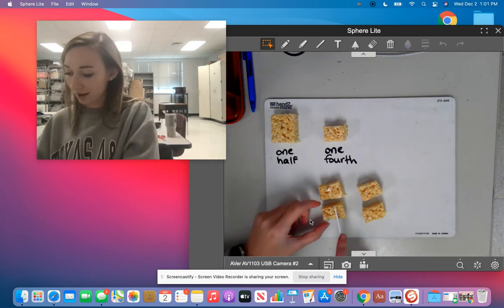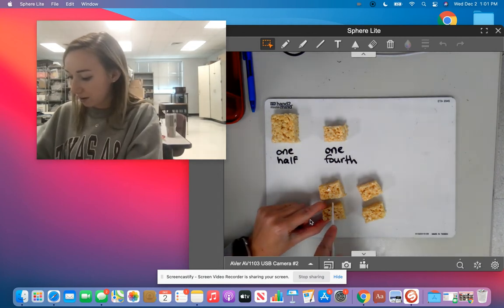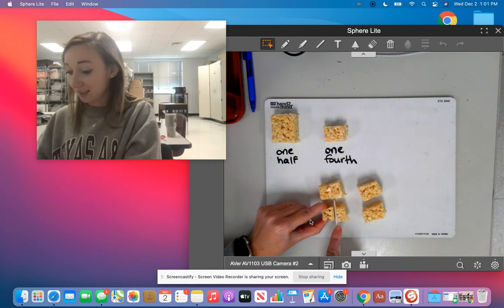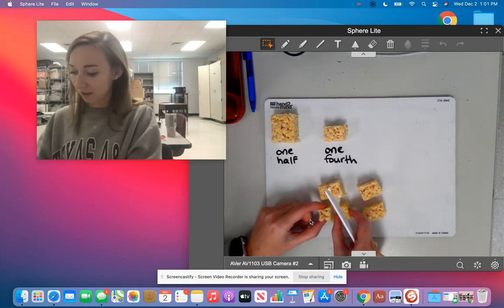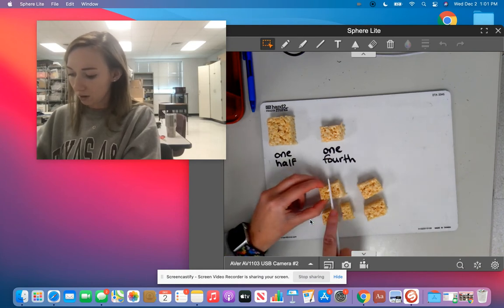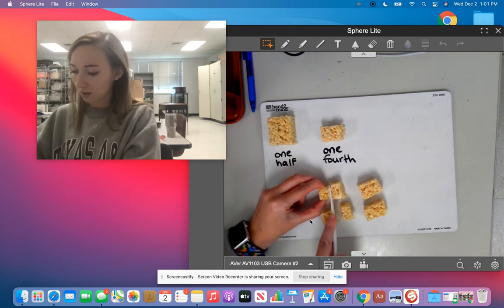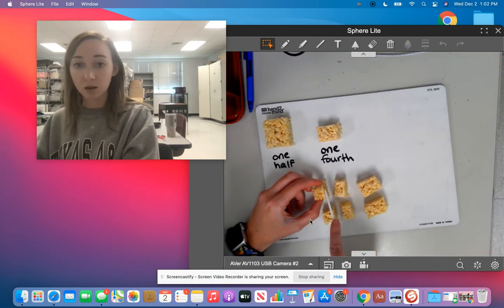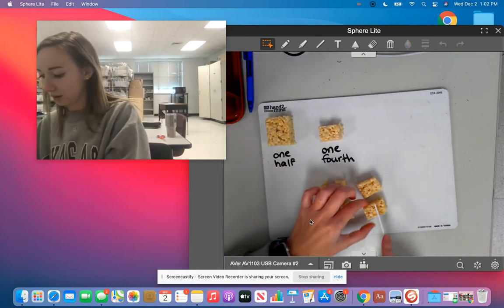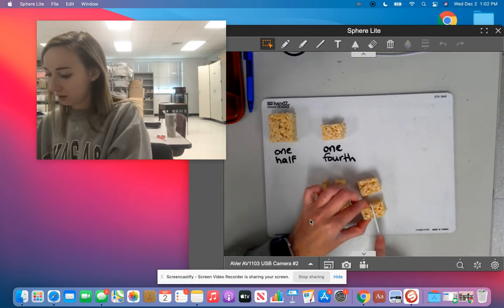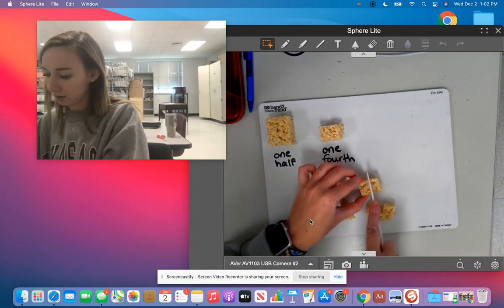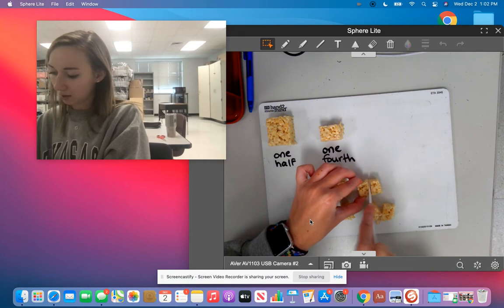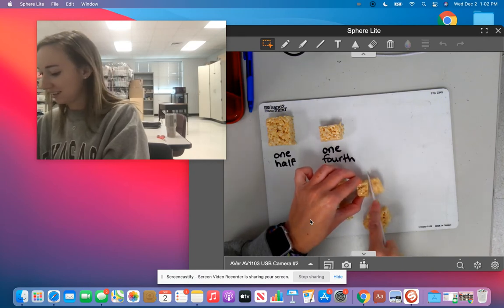So let's do it. Oh my goodness, these are bite size. So there's 2. There's another 2. Another 2. Another 2.